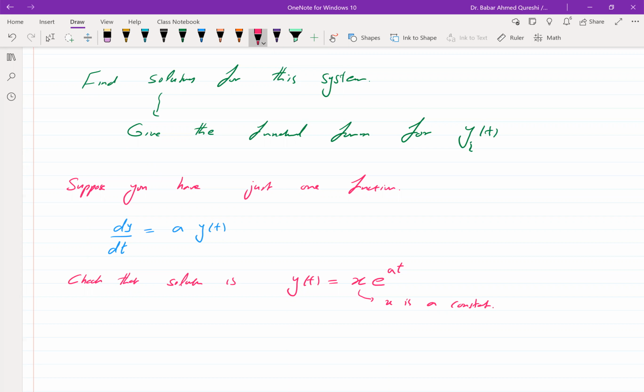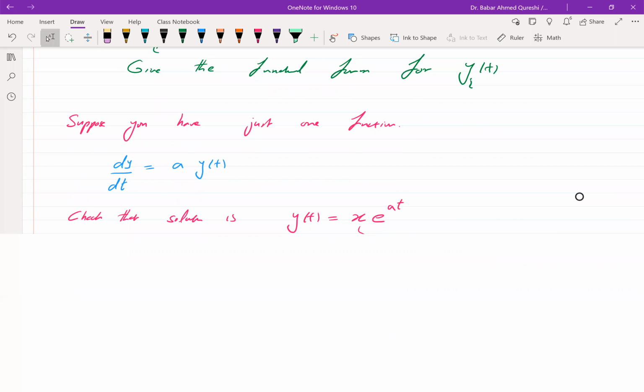Now this x could be anything. This could be any number and this equation will still be satisfied because you can very easily check. If I do dy by dt of this function, let me for now write this constant. I just don't want to create confusion as some constant.